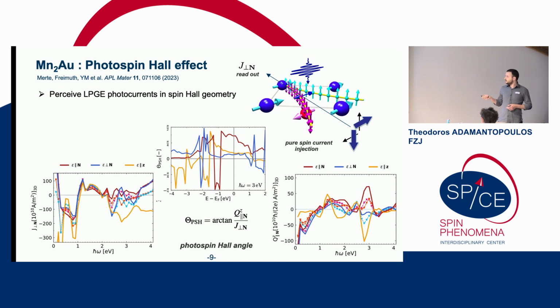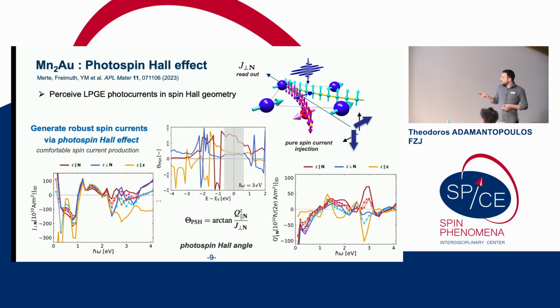And I plot it here in relation to the Fermi level. You can see that for a large region close to the Fermi level, it remains quite stable. And this is an indication that through the photospin Hall effect, we are able to generate robust spin photocurrents, which can even be measured in the DC nonlinear regime.